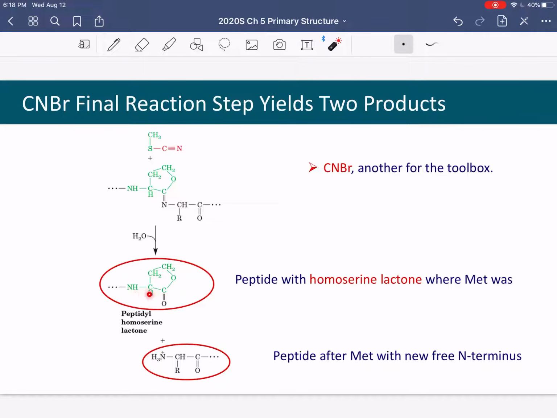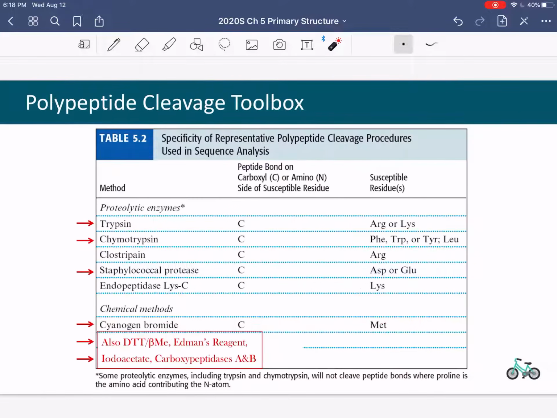So what's in green used to be the methionine. And the polypeptide after the methionine and on to the C terminus or to the next methionine is shown as the second product. So knowing the 2 end products and where it cleaves is what you should know.